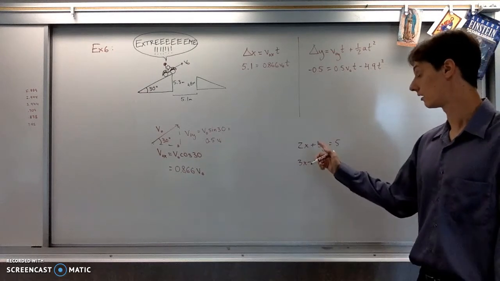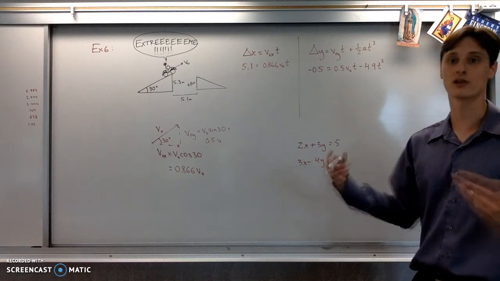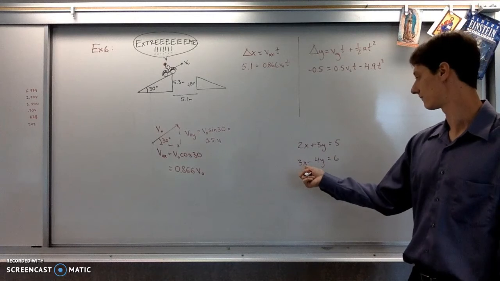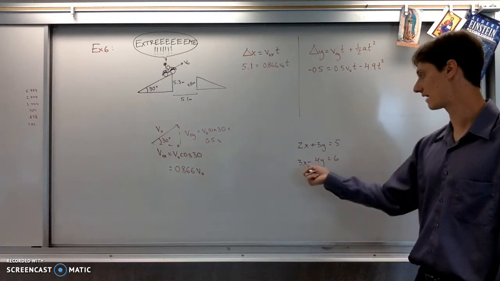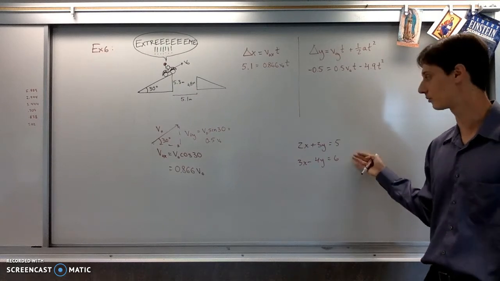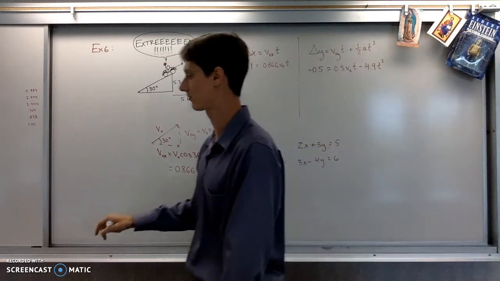You can use, in this case, substitution or elimination in order to solve for both x and y. You could take this equation, get the y on one side and say x equals something or other in terms of y, and then plug it into the other equation. In this case, I'd probably use elimination. Whatever.